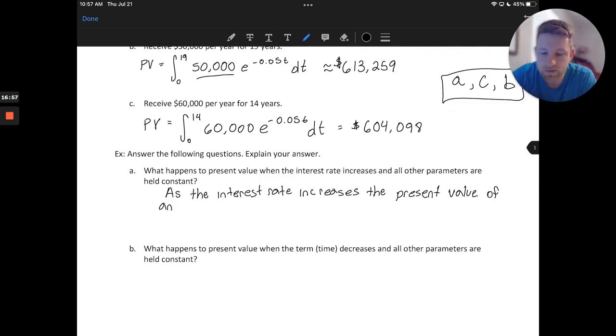Now, the reason why this is true is consider that if we have a higher interest rate, that means that there needs to be less money at the start, or what we'd call present value, to reach a given future value.